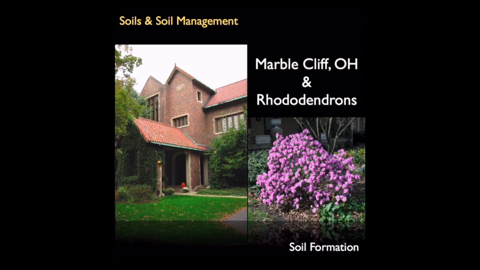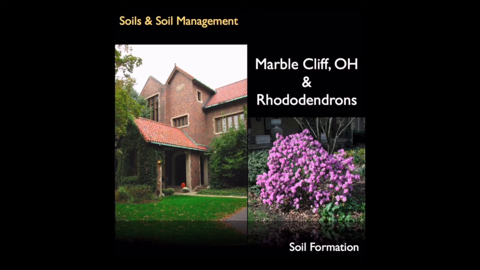Although people have tried to for a long time, good rhododendrons and azaleas are difficult to grow in Marble Cliff. So a general advice for the residents of this community would be, stop growing azaleas there. Thus, you can see that understanding the origin of the parental material for soil formation is relevant to understanding the performance of certain plants in the landscape.